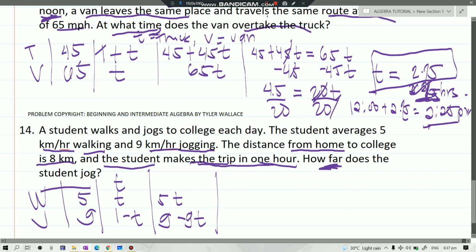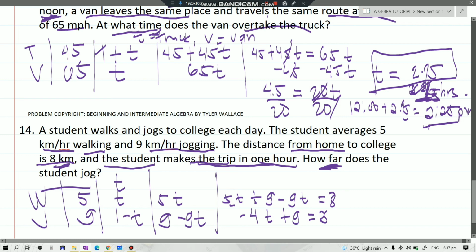So we will have 5t plus 9 minus 9t is equals to 8 since may given ka ng distance. So, isolate 5t plus 9, negative 9t, we have negative 4t plus 9 is equals to 8.